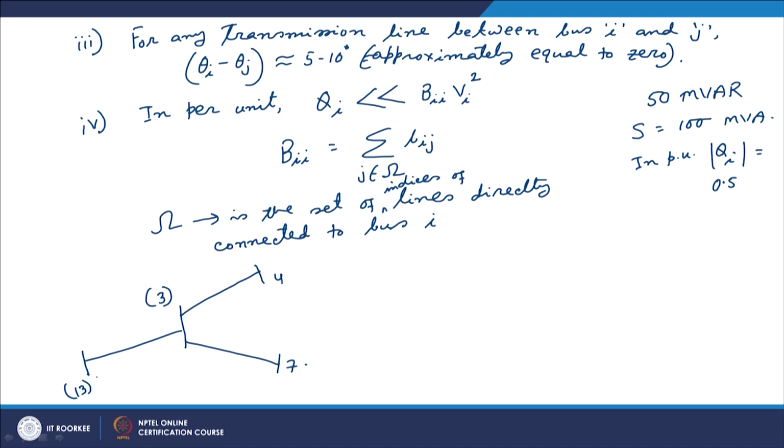So in this case i is 3 and set omega would be 4, 7 and 13, and j belongs to omega. So here in this case j would be 4, 7 and 13.